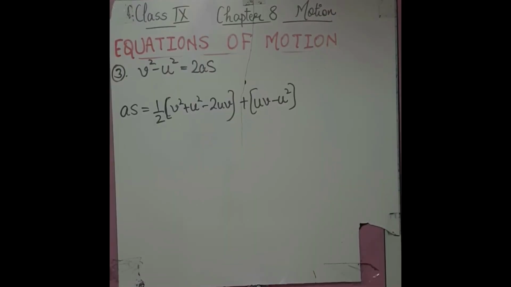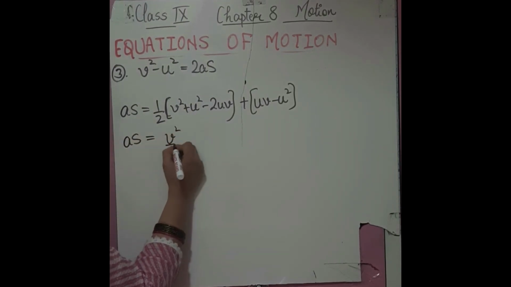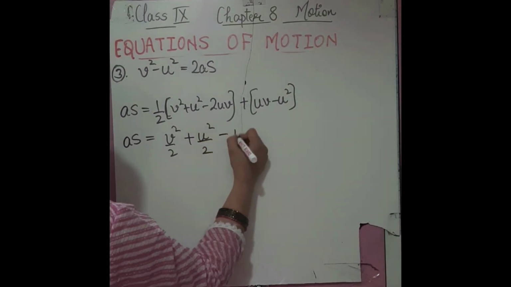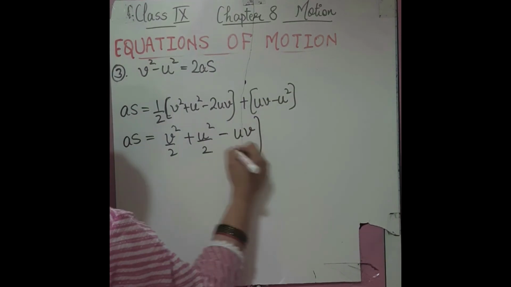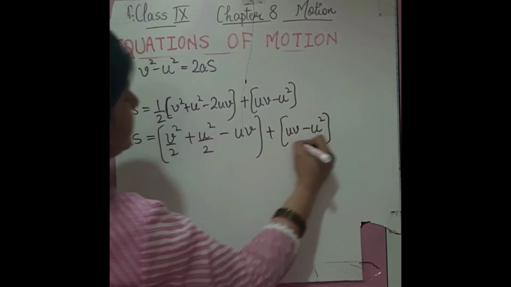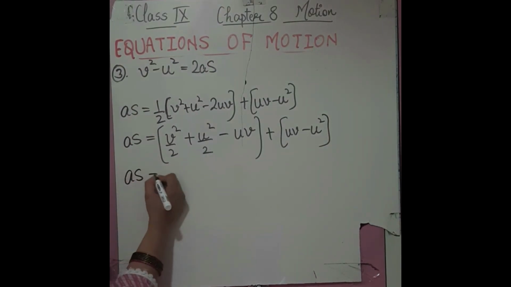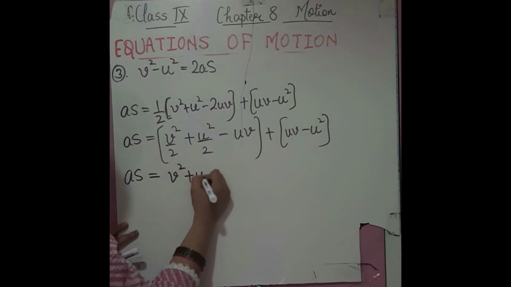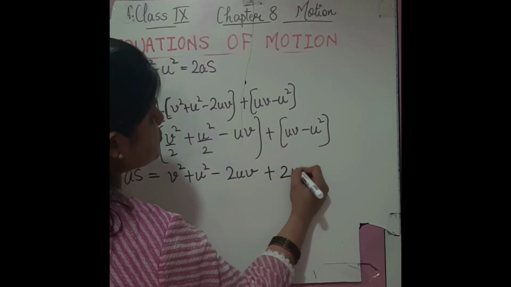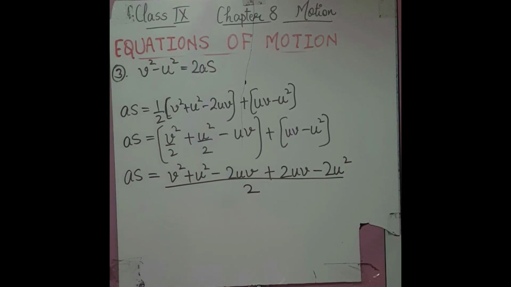So let's open the brackets and solve. So we get AS is equal to V square by 2 plus U square by 2 minus UV plus UV minus U square. What we can do, we can take 2 as LCM. So AS is equal to V square plus U square minus 2UV plus 2UV minus 2U square upon 2.